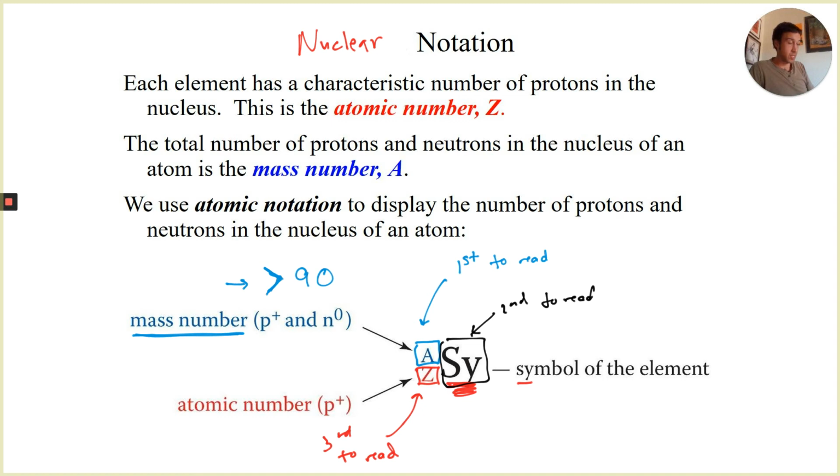Again, nuclear notation. The second thing we read, because we read left to right, would then be the symbol. We could look at the periodic table, find the symbol, and as soon as we found that, we would know the number of protons. We haven't talked about it specifically yet, but that's coded in the periodic table very quickly. So if I know the symbol, I know the number of protons.